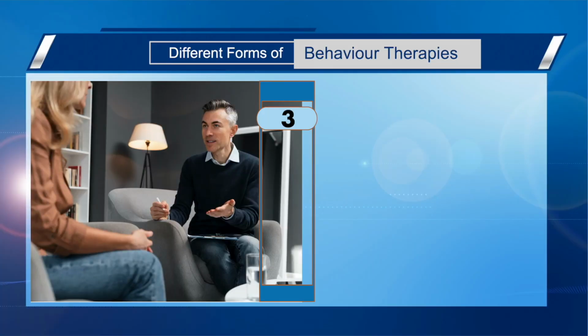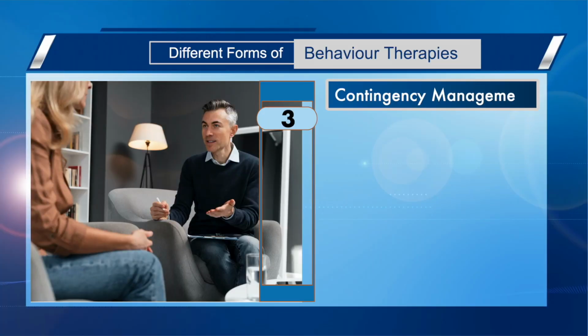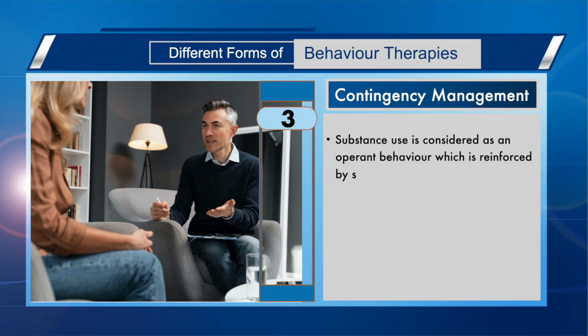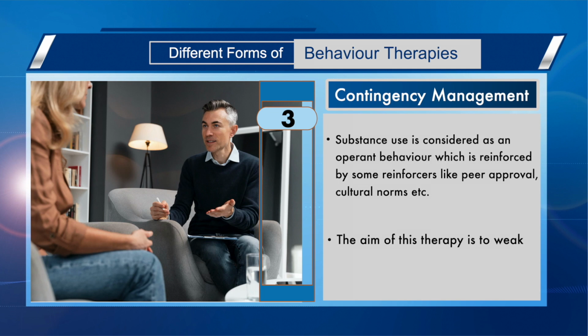In contingency management, substance use is considered an operant behavior, which is reinforced by reinforcers like peer approval, cultural norms, etc. The aim of this therapy is to weaken the effect of reinforcement. The therapist provides positive reinforcement to healthy behaviors, like not taking substances and not smoking, for replacing maladaptive ones.